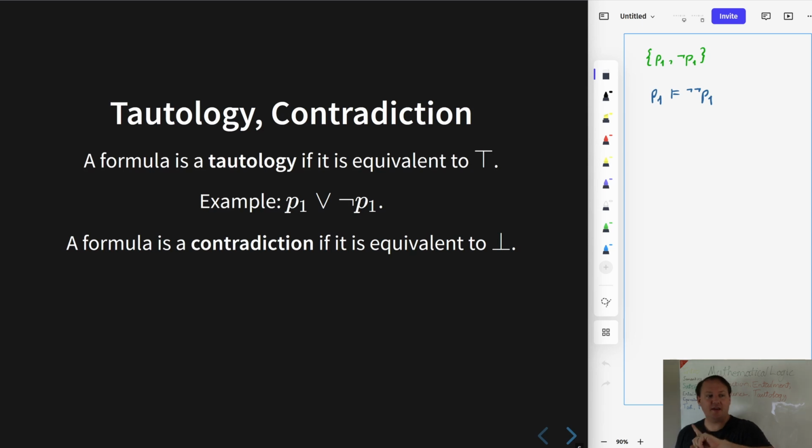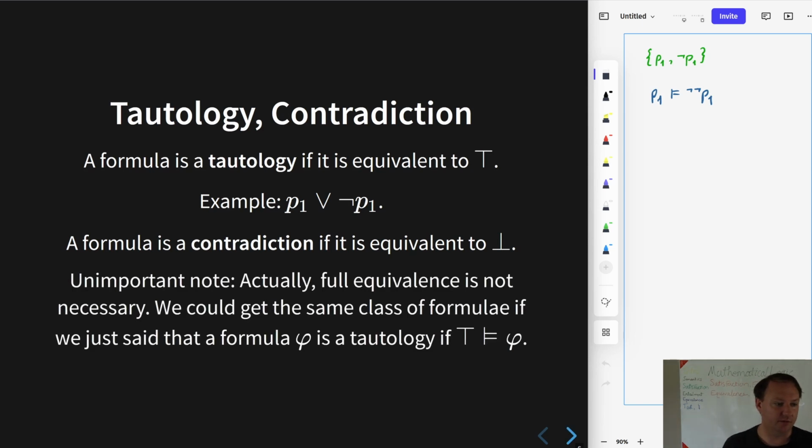A formula is a contradiction if it is equivalent to falsum, by basically the same sort of idea. Although I am stating it with equivalence, it is kind of interesting that you actually don't need full equivalence. If verum implies your sentence, that is enough for the sentence phi to be a tautology.